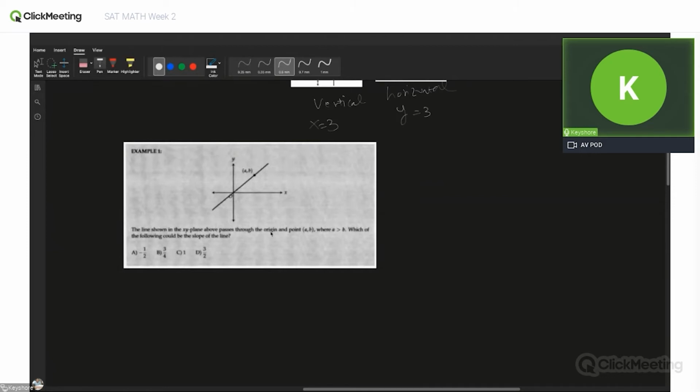It says the line shown in the xy plane passes through the origin and the point (a, b), where a is greater than b. Which of the following could be the slope of the line?